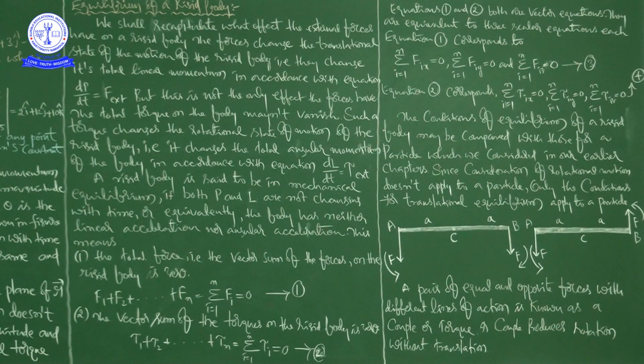The total force on the body is 0 here, so the body is in translational equilibrium, but it is not in rotational equilibrium. Although the rod is not fixed in any way, it undergoes pure rotation, that is, rotation without translation.